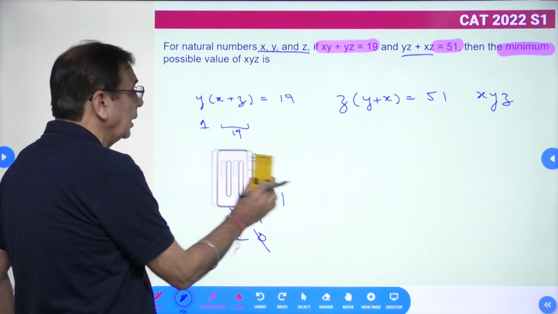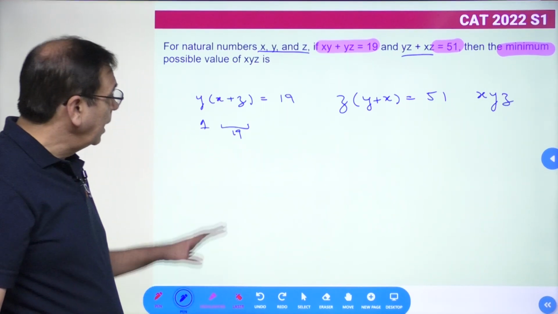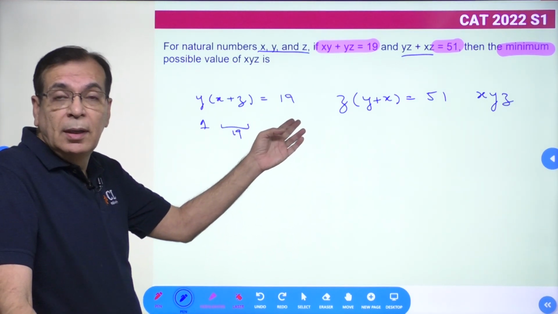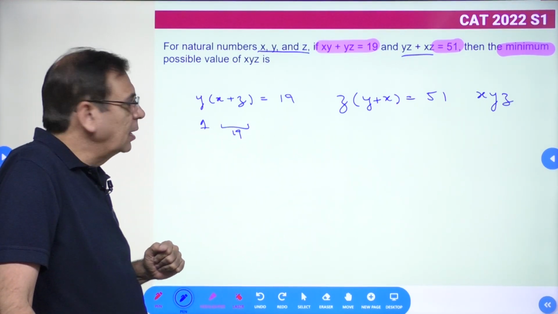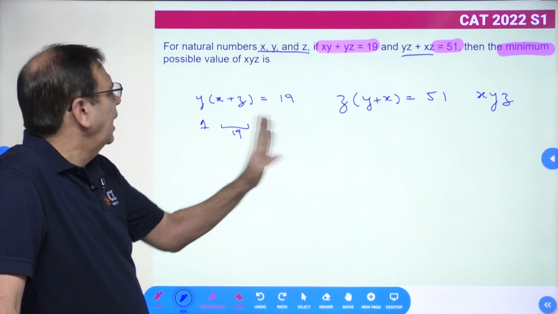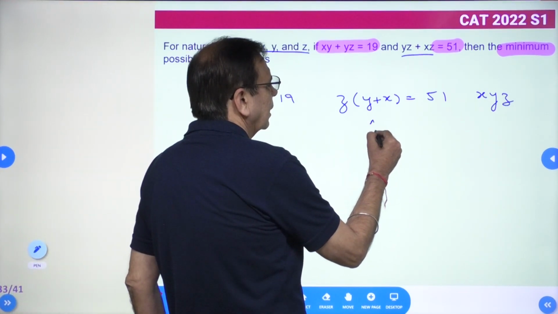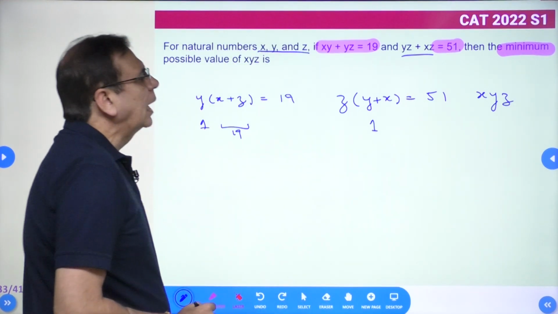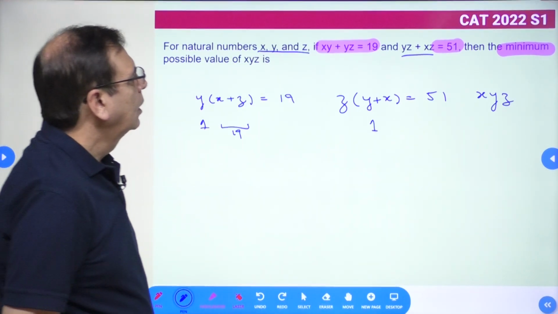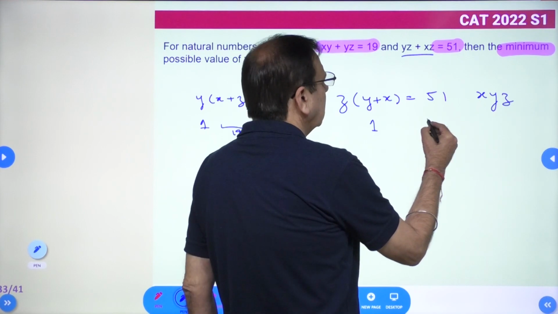This is what I meant: if you have a prime number, your task becomes easier. So y is 1 and x plus z is 19.